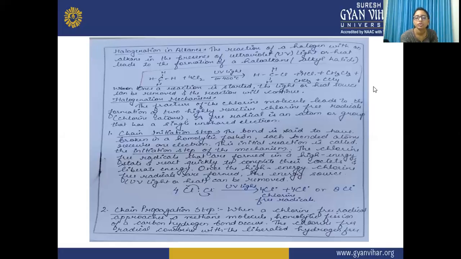Once the high energy chlorine free radicals are formed, the energy source, UV light or heat, can be removed. After the homolytic fission of chlorine, the heat or light can be removed from the reaction.